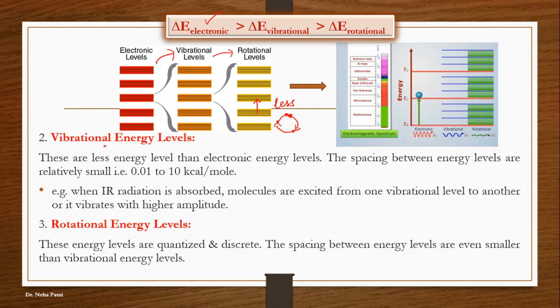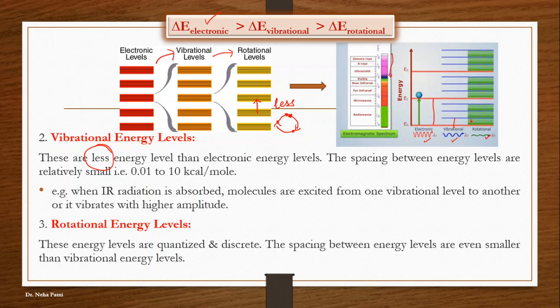Vibrational energy is a little less than electronic energy. You can see here the energy level is low, this is comparatively higher, and then that is higher still. So this is the rotational level, then this is vibrational, and that is the electronic level. Based on that energy, these kinds of transitions take place.